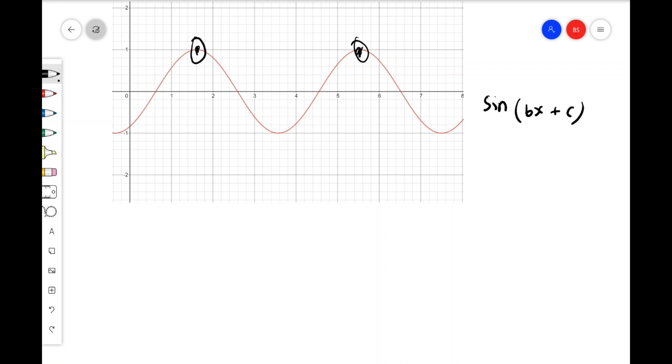Let me take the values of these two maxima, and let's say that they occur at x-coordinates x1 and x2. The period of this function will be the distance between the two, that is x2 minus x1.